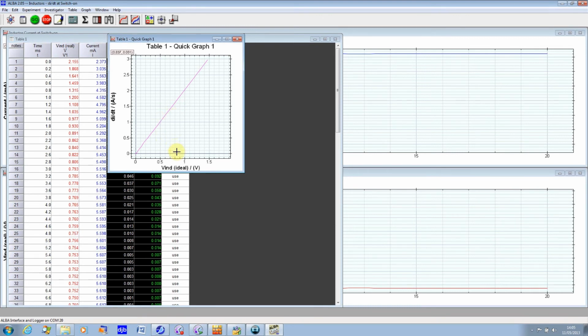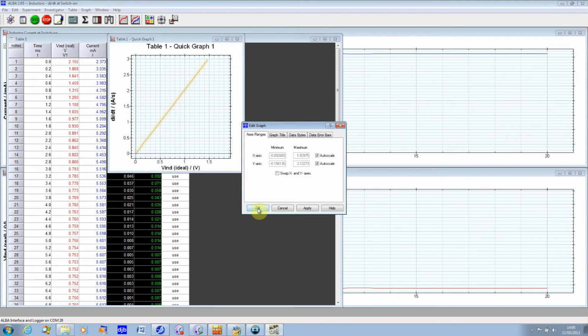Let's work with this graph. The first thing we're going to do is swap axes. To do that, I go here, and you will notice that we've got that option on the first screen. We can swap axes, and that's it swapped.